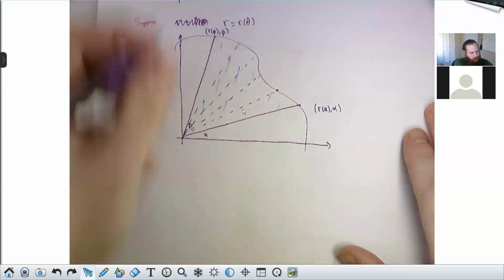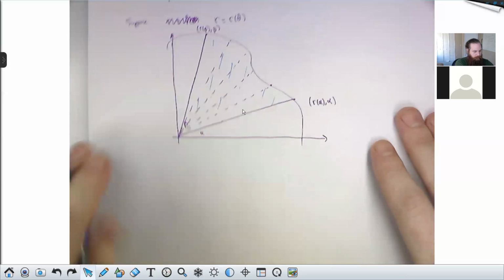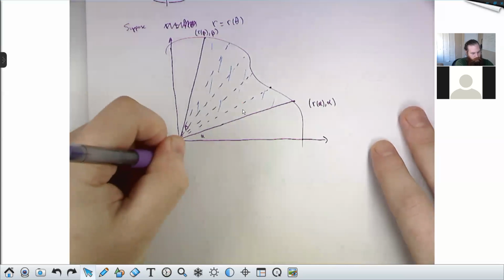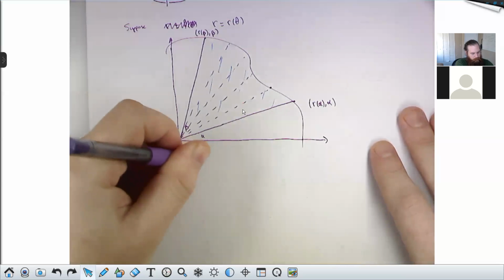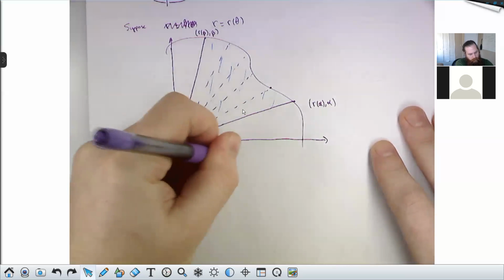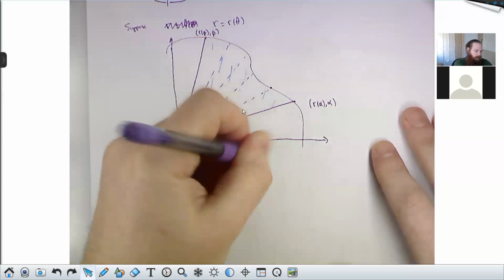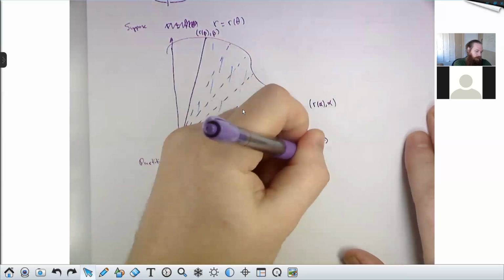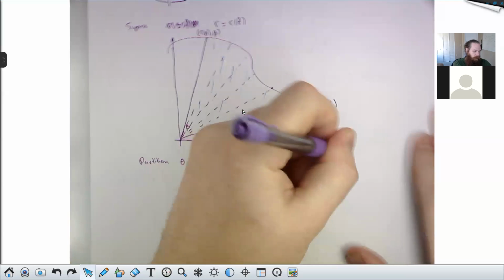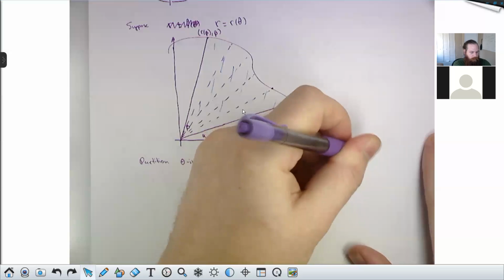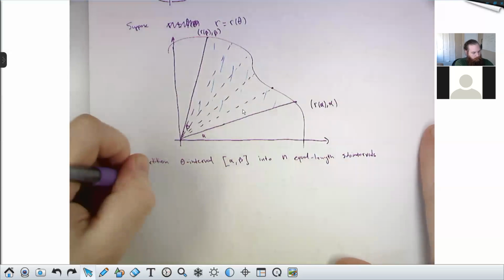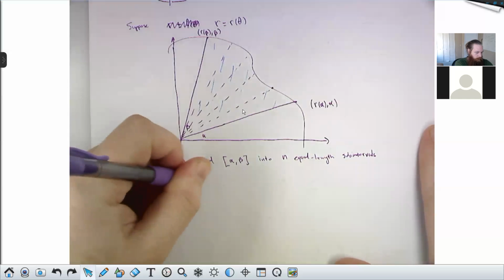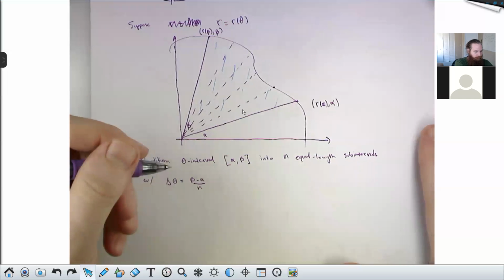So we partition the theta interval alpha beta into n equal length subintervals, with delta theta being beta minus alpha over n.